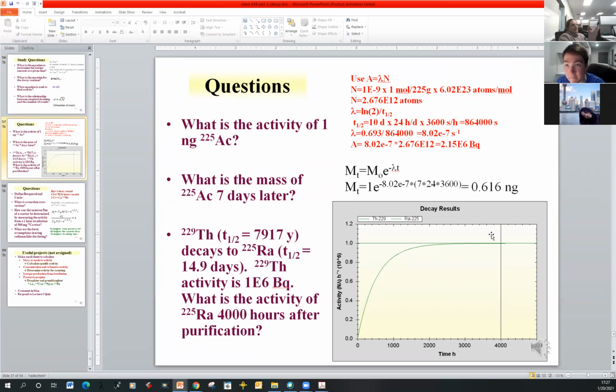Now there's a general rule that equilibrium occurs in about 7 half-lives of the daughter. In this case, this thorium isotope has an 8,000-year half-life, and this radium isotope has a 15-day half-life.